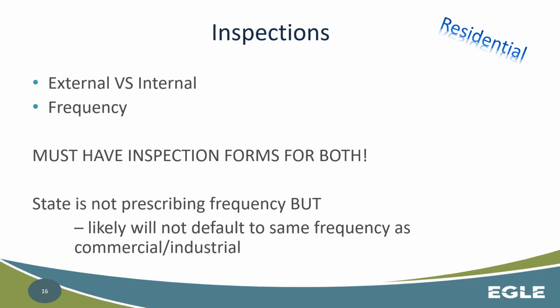For your inspections, what you want to spell out is how you're going to accept external versus internal inspections. Are you just going to do it once around a house, noting what you see, versus internal, which might be limited to the basement, where you're looking for where the water is actually coming into the house?